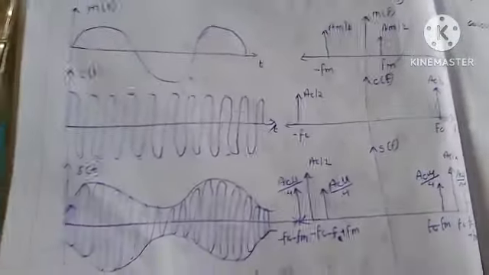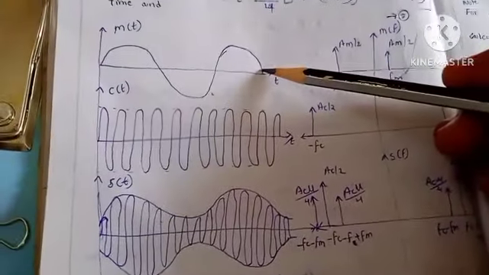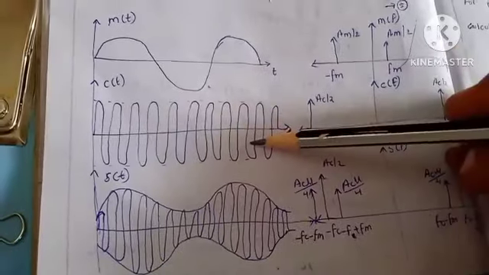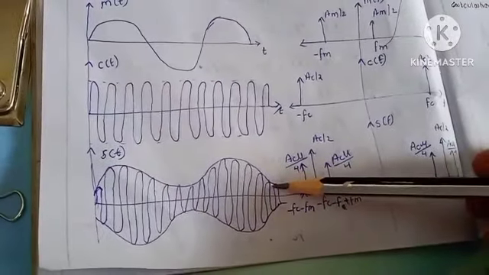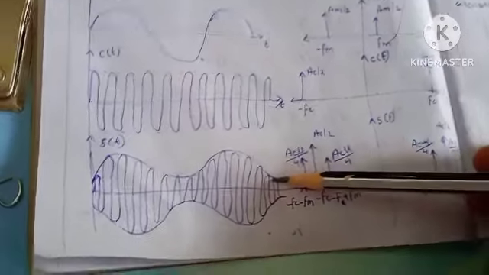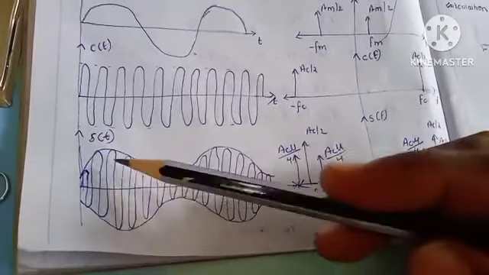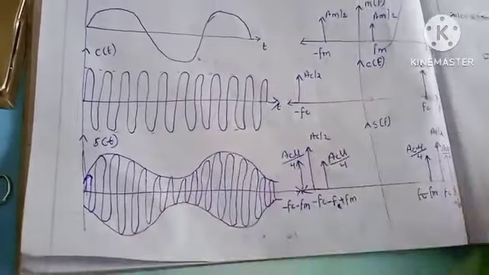Here is the diagrammatic representation in the time domain and frequency domain. The first signal is the message signal, the second signal is the carrier signal, and the third signal is the amplitude modulated signal. Here this is the form of amplitude modulation, and now let us see it in the frequency domain.